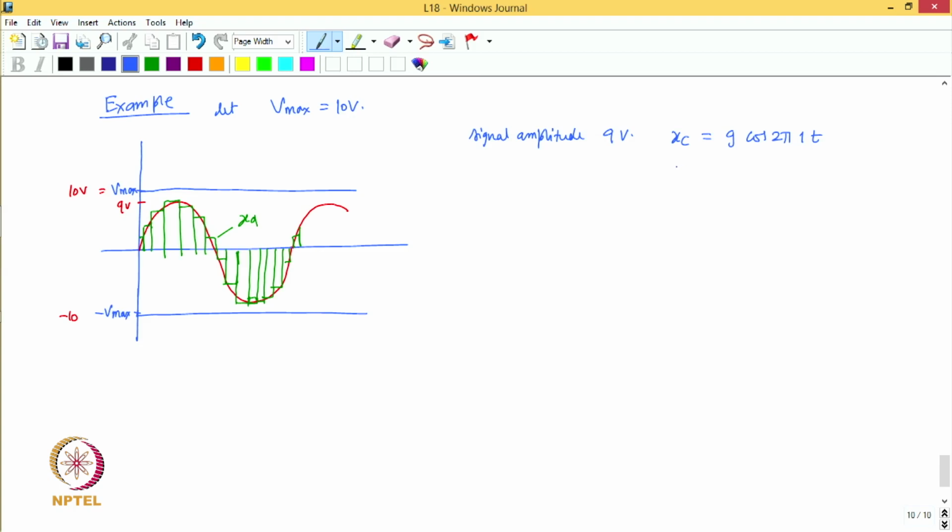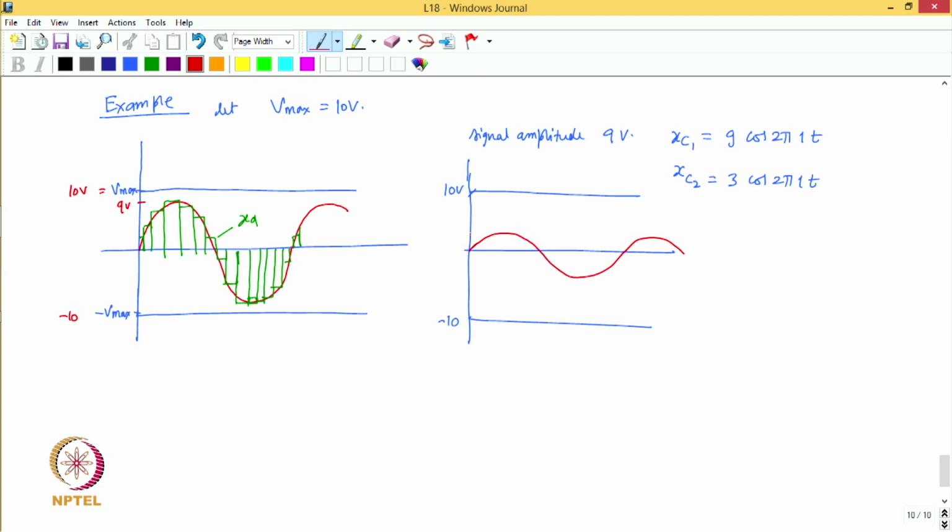Let us say we have another signal now, let us call this xc1, let us call it xc2, and this signal is, let us suppose it is a 3 volt signal cos 2 pi 1 t. Okay. And let us try to sketch what is going to happen to the quantization in this case. So, this is the voltage range V max. Okay. This is 10 volts, minus 10 volts, and the signal is something like this.